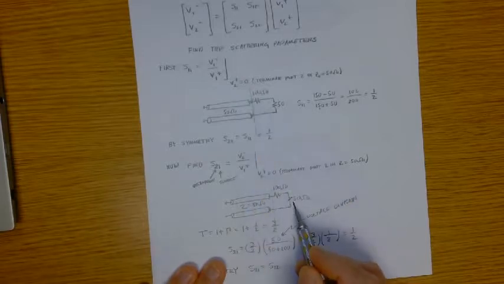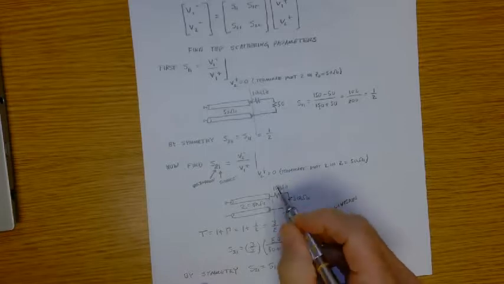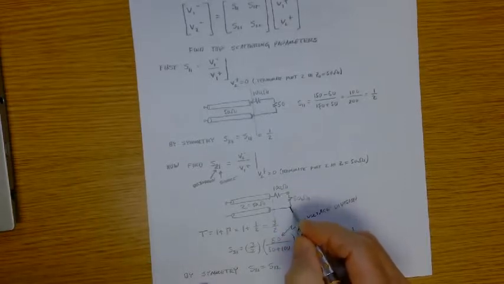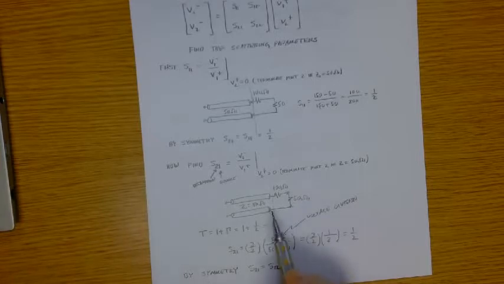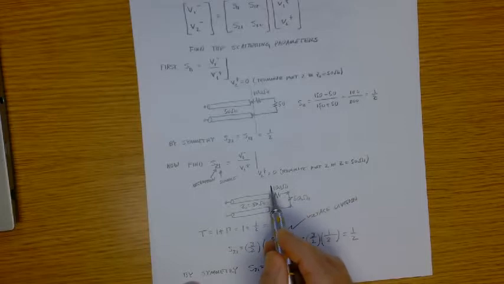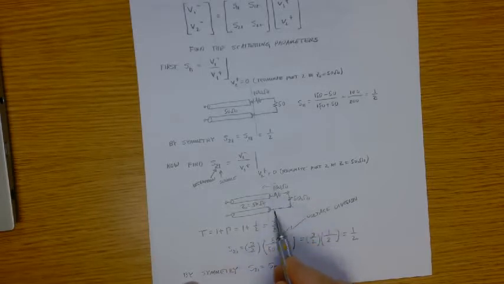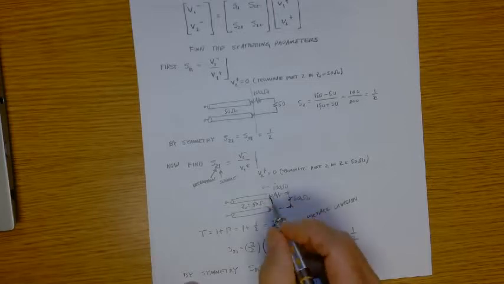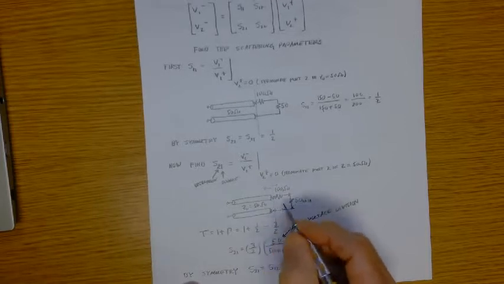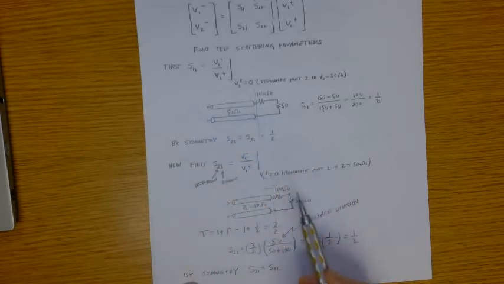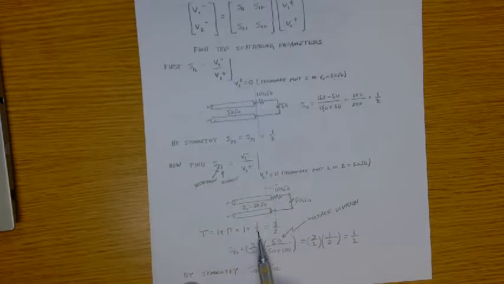So what we need is this voltage right here. Well, we've already computed the reflection coefficient here, and that's the wave headed this way. If I take 1 plus that reflection coefficient, that's going to give me the transmission coefficient at this port, right here. We found above that the reflection coefficient was 1/2, and so the transmission coefficient is 1 plus 1/2, which is 3/2.